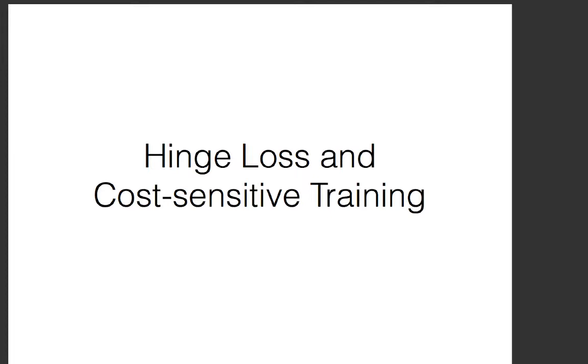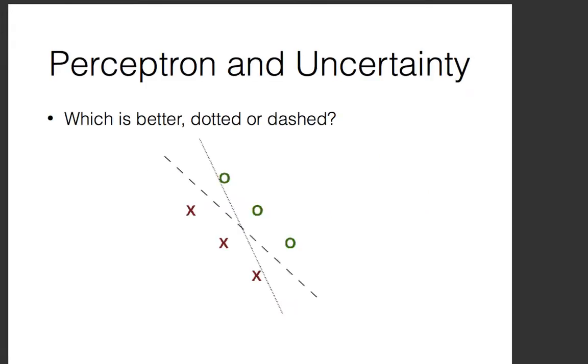So now I'll talk about a very useful thing, which is hinge loss in cost-sensitive training. This is a no-brainer question that should be relatively easy if you've taken a machine learning course. Let's say we have the dotted line here and the dashed line here, and we want to be separating these circles and x's.